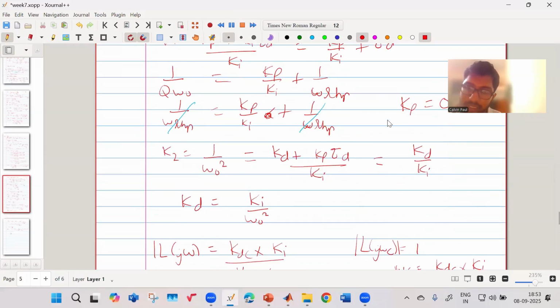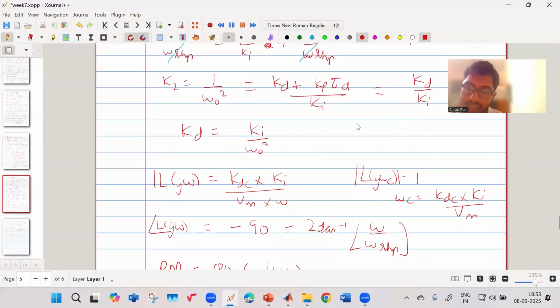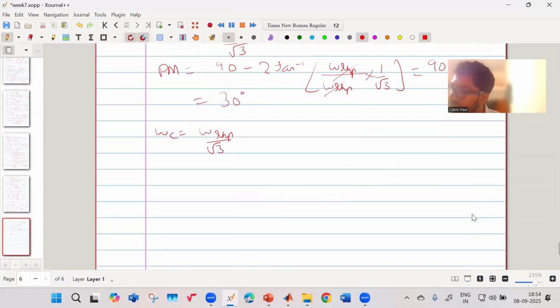Now, let us see what is the expression for omega C. Omega C is KDC into Ki upon Vm. So your Ki is equal to omega RHP by root 3 into Vm upon your KDC.